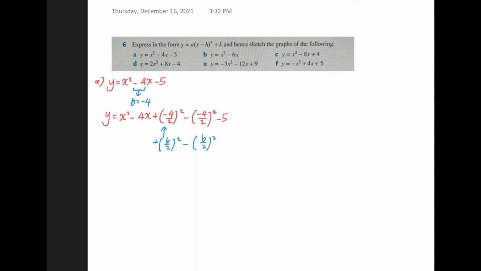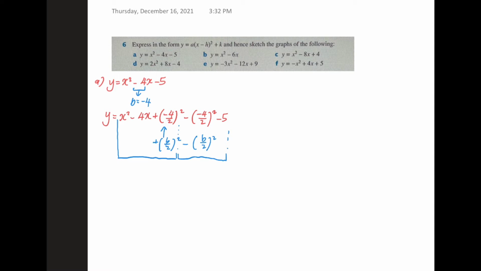Okay, now let's continue. Once we have added and subtracted b over 2 squared, we have to separate them into two parts, where the first three terms we call the first part, and the last two terms are the second part. The first three terms are always a perfect square, so you can just factorize the quadratic into two same factors.